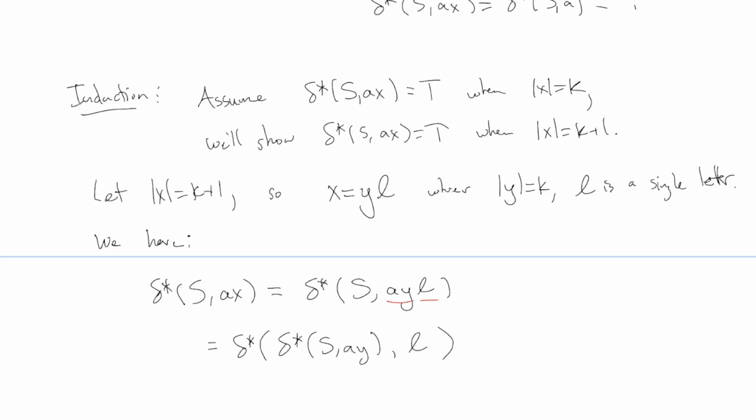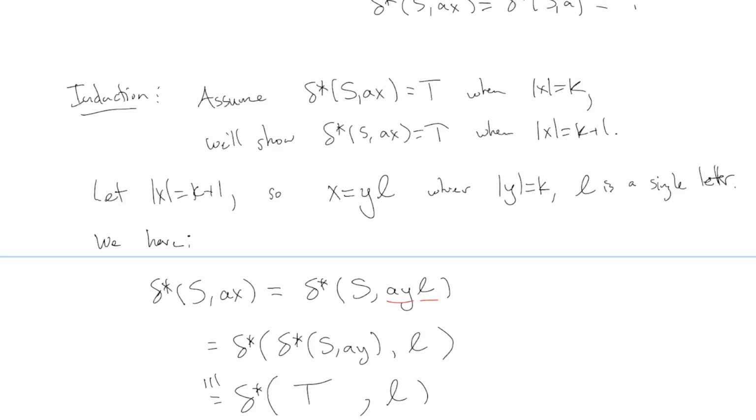And what's the point of that? The point of that is here, in S A Y, Y has length k, and so I can use the induction hypothesis there. All right? This is true whenever the length of that string is k, and so it can be applied to this string right here, which has length k. And so here is my induction hypothesis: T, comma, L, right?